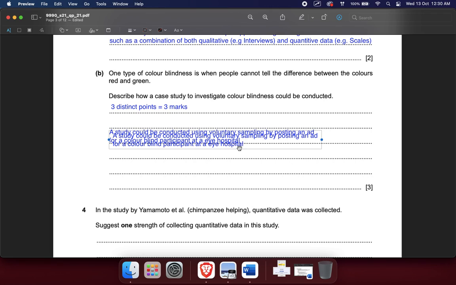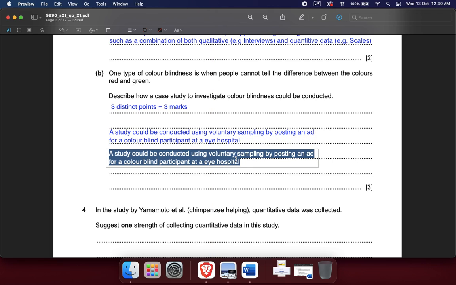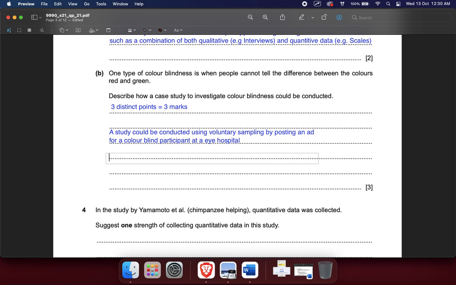Then what comes next? Now that we've got our participants, we need to figure out what we're going to collect, what kind of data. Well, qualitative data firstly, right? So let's think of maybe an interview question.